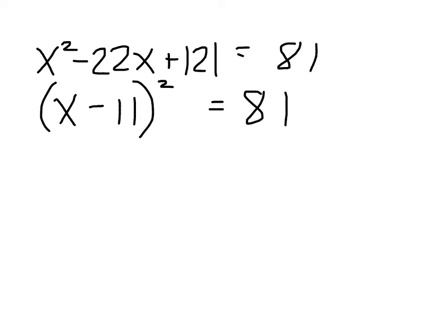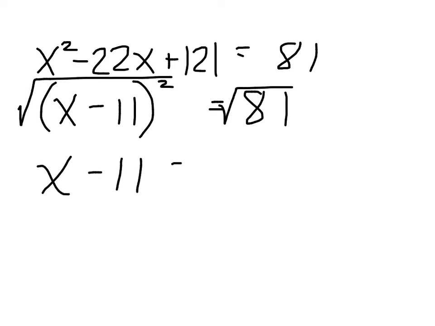Then from here, how do I get rid of the square? When I square root that left-hand side, I get x minus 11. On the right-hand side, what's the square root of 81? Plus or minus 9. Don't forget the plus or minus. Then how do I get rid of the 11?